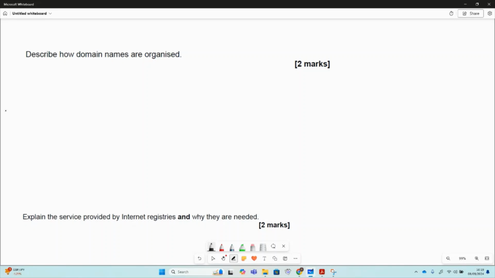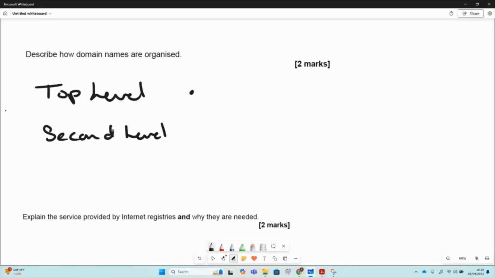So the things to try to remember is that there's a top level, and there's a second level, and top level domains, they're things like .org or .uk or .com, and they're all top level type domains.